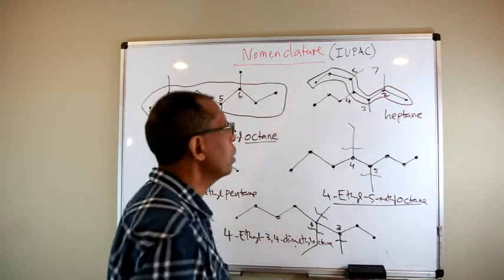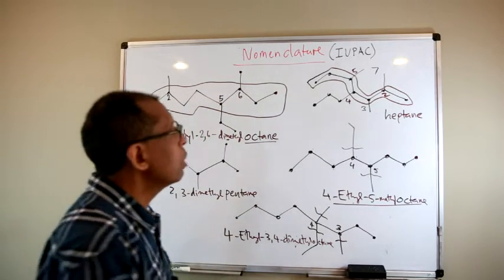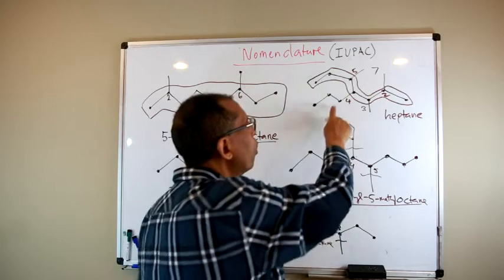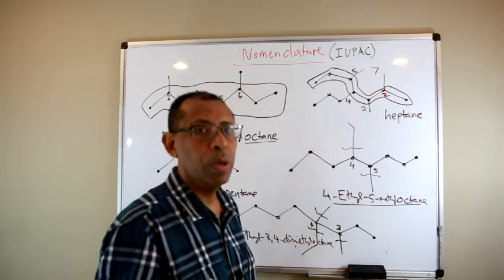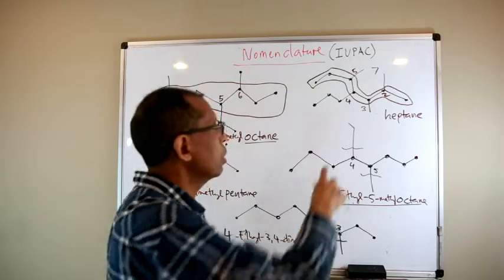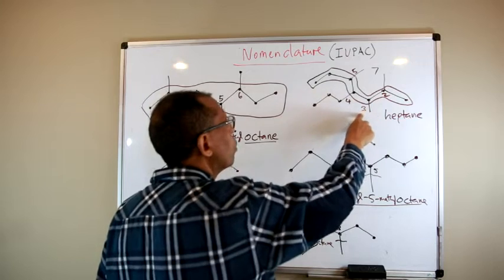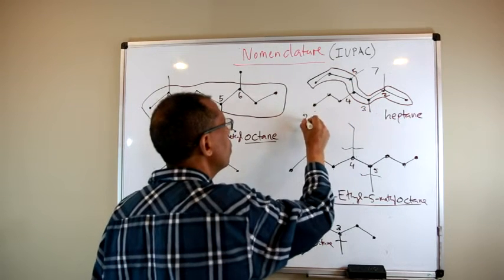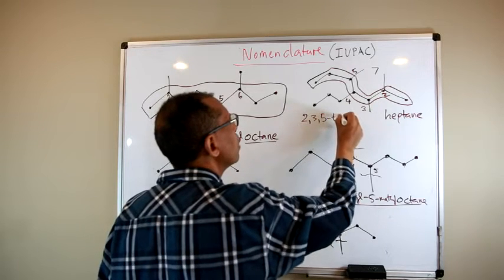So the way I would write it, in this case, trimethyl, propyl versus methyl, the alphabet would start with the methyl group because propyl comes next. So it would be 2,3,5-trimethyl.